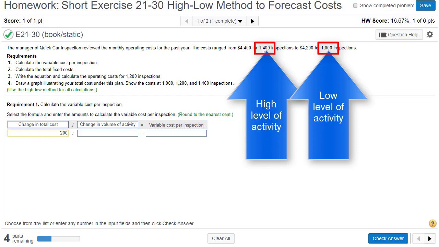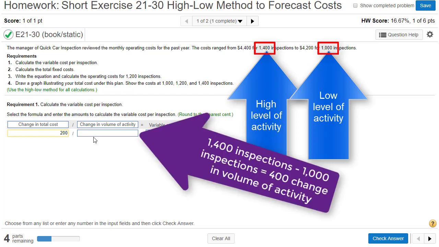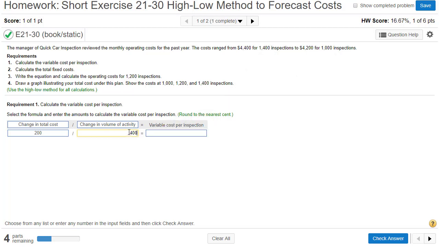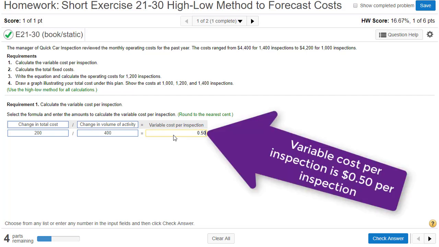So we're just going to subtract those two. 1,400 minus 1,000 gives us 400. So the change in volume of activity was 400 inspections, and change in total cost was $200. So we're just going to divide. 200 divided by 400 gives us 50 cents per inspection. So that's the variable cost per inspection.